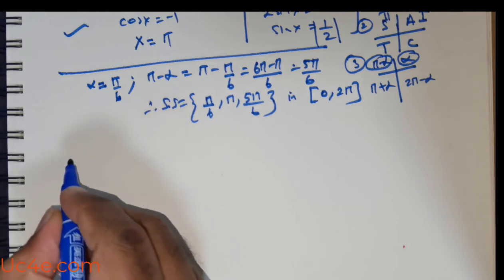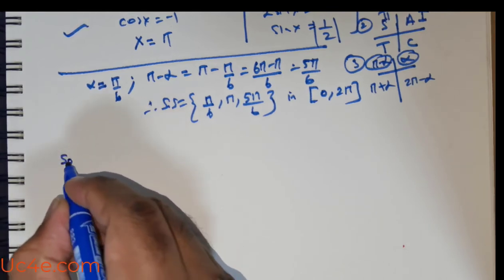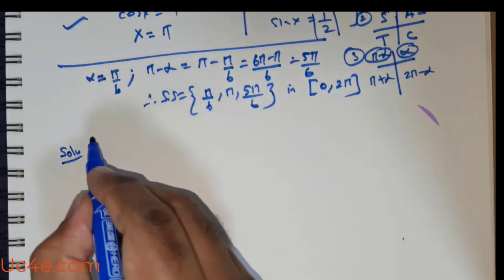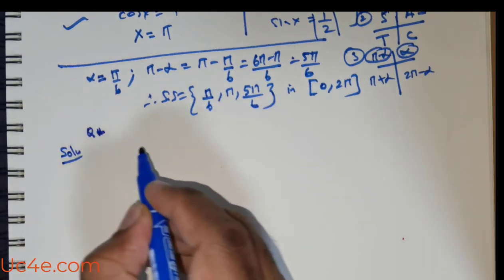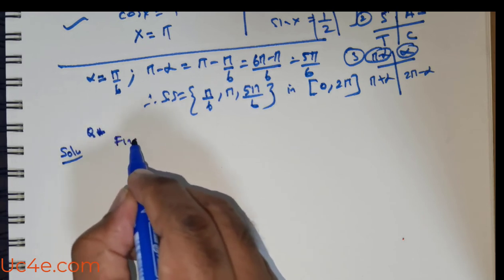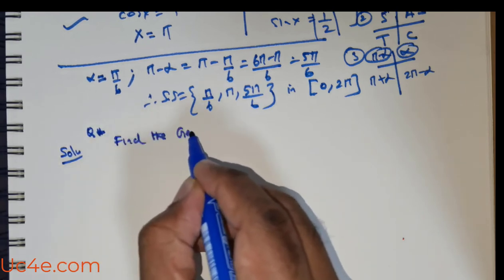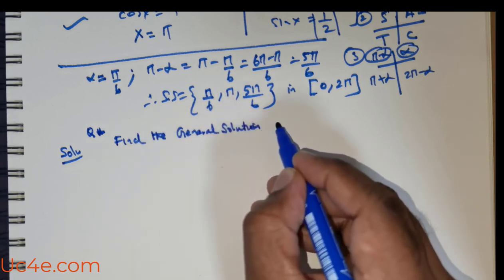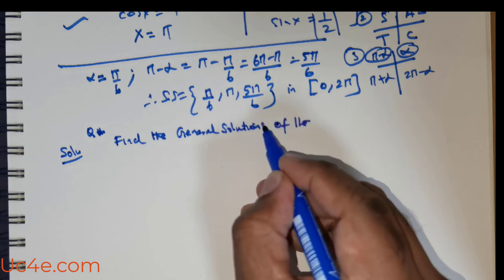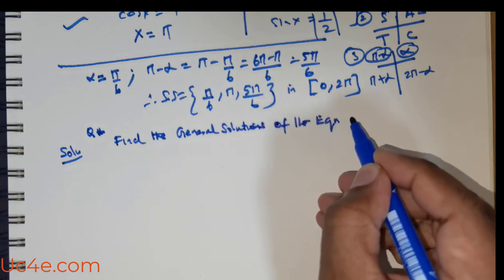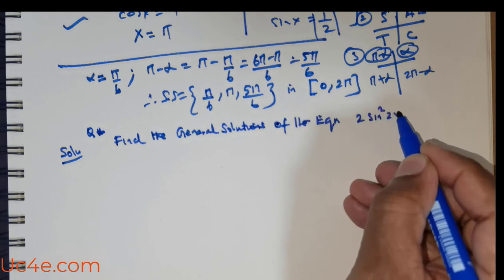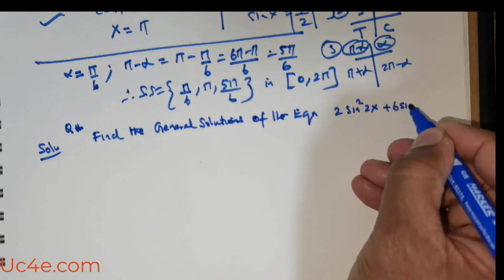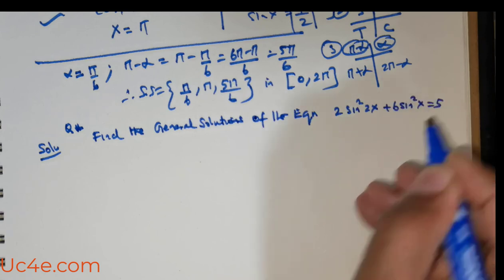Students, let's solve this question. We've been asked to find the solution for the following question. Find the general solution of the equation 2 sin squared 2x + 6 sin squared x is equal to 5.